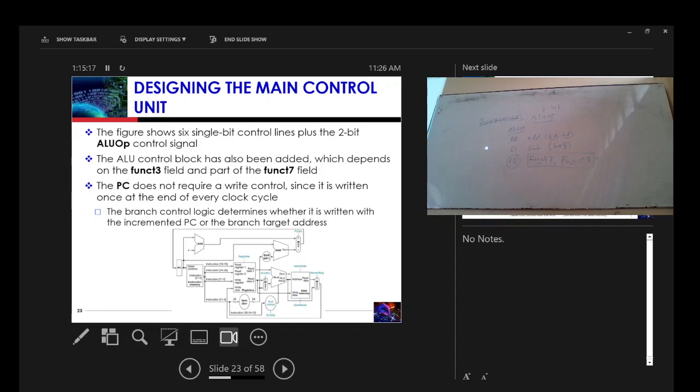So if the reg write is 1, what happens? Wait, wait, wait. The amount that you write to the register. If it is 1, there are 2 arrows that can go in. There are 2.